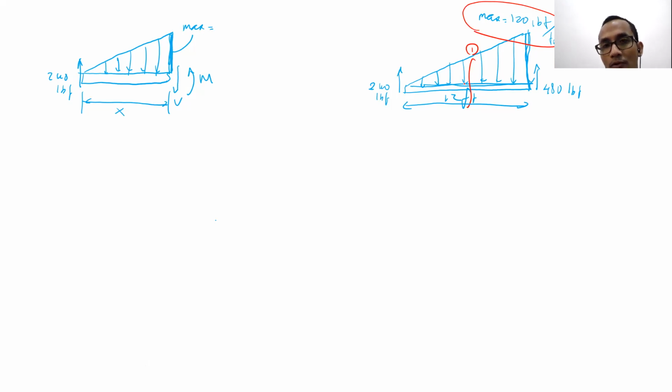Now if I want to find the distribution at 8 feet from the left, what is the value there? Is it 15? No. In the middle is 60, now it becomes 15?